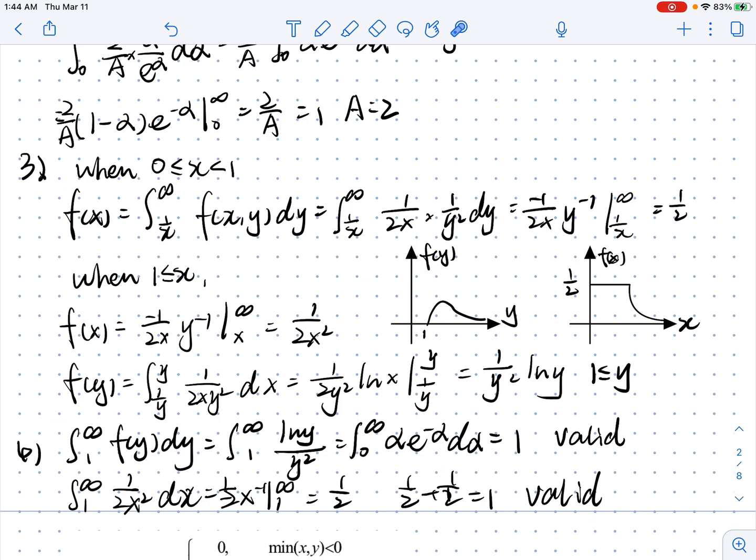The second part is the integration from 1 to infinity, and the function is 1 over 2x squared. The result, the value, is 1 over 2. So this area is 1 over 2, and the remaining area is 1 over 2. So the whole area is 1, so it is valid.